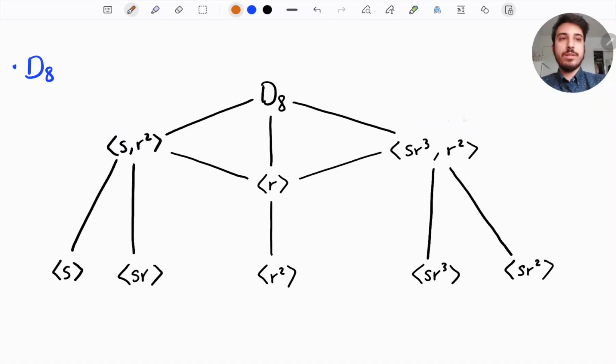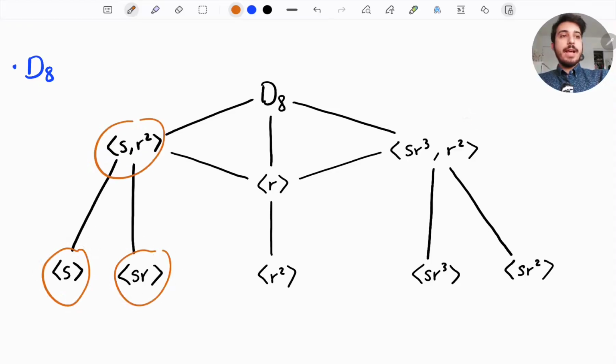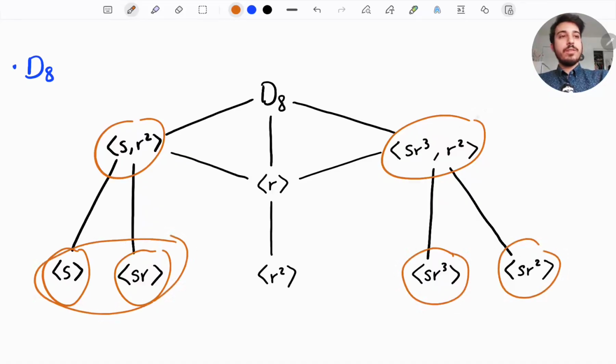SR3R2 is another one, and the one generated by R is another one. And you can see that all of these contain the subgroup generated by R2. On the left side, you see that this subgroup contains these two subgroups, and this subgroup contains these two subgroups. However, these two subgroups are not contained by this one, and vice versa.